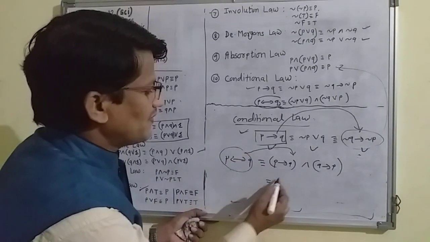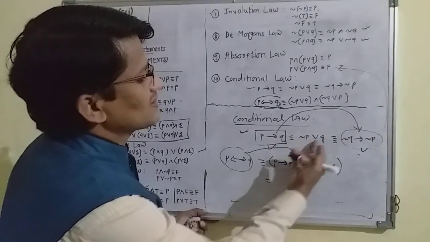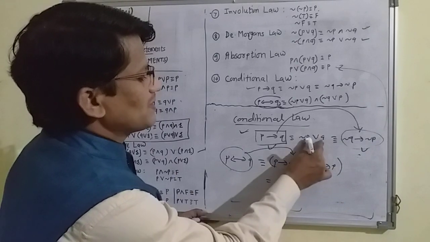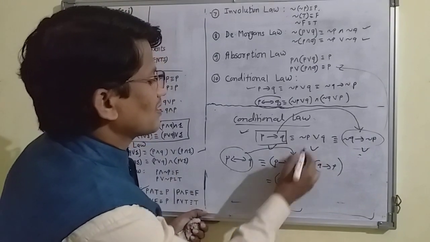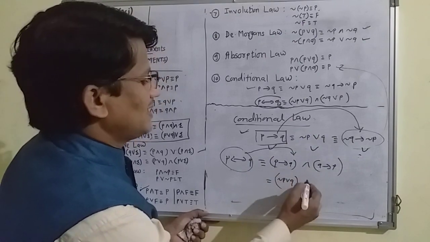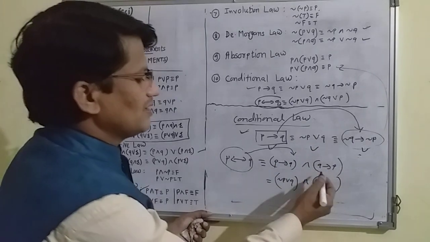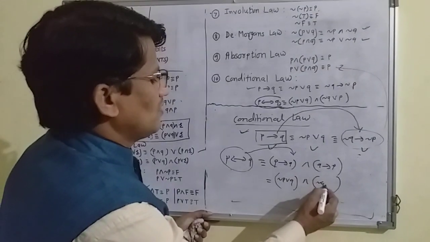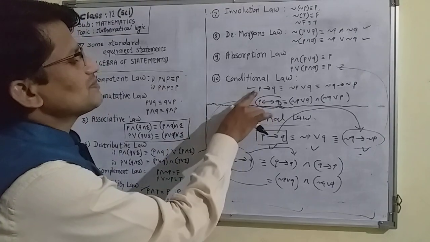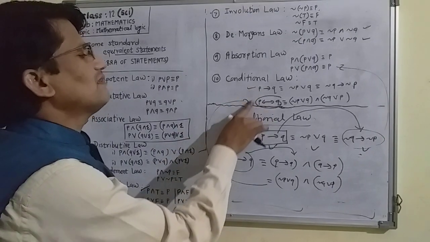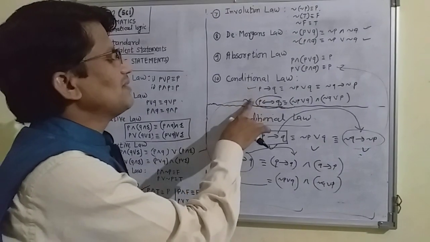But what does our first bracket mean? The first bracket is again the representation of this as well as this. I am using this first bracket here. So negation of P or Q here, and again here implies, again the same rule, negation of Q or P, and this is the result of the second. Both laws are included in the conditional law. This is implies and this is double implies.